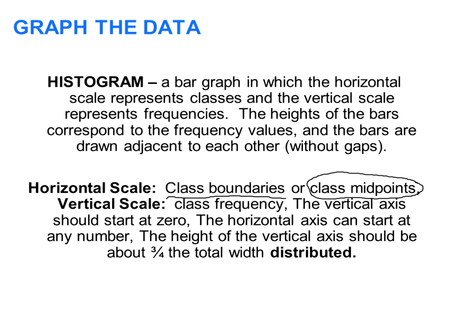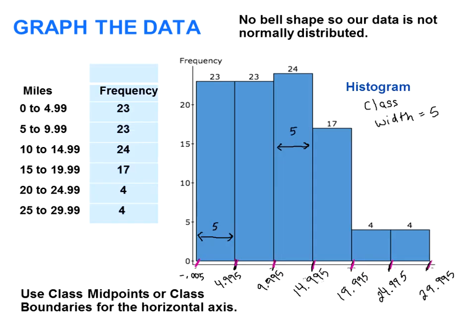The vertical axis is your class frequency. I've already shown you all that, and we've already seen this before. So that's how the frequency table that came from the raw data matches up to the histogram.